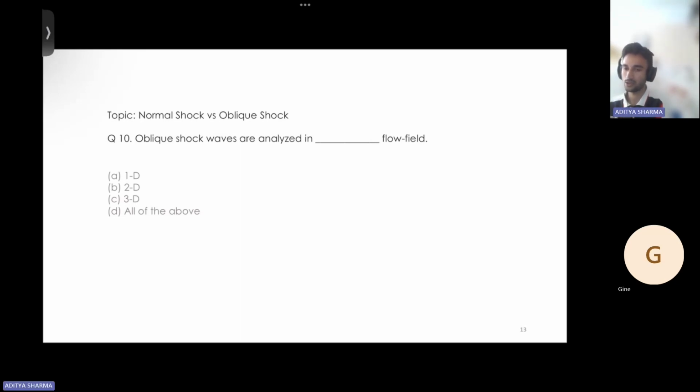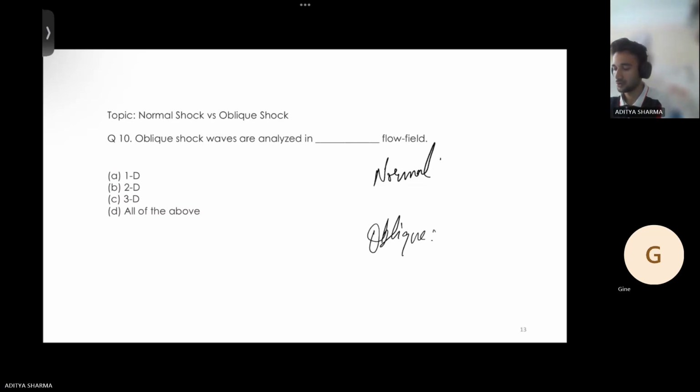And then oblique shocks are also analyzed in a particular number of dimensions, right? So what is the answer for normal shock waves and for oblique shock waves? The question is only for oblique shock waves.